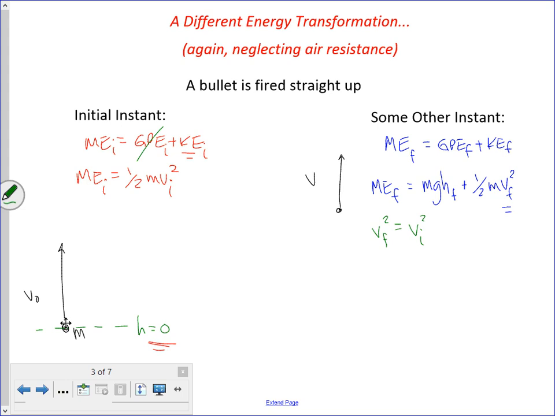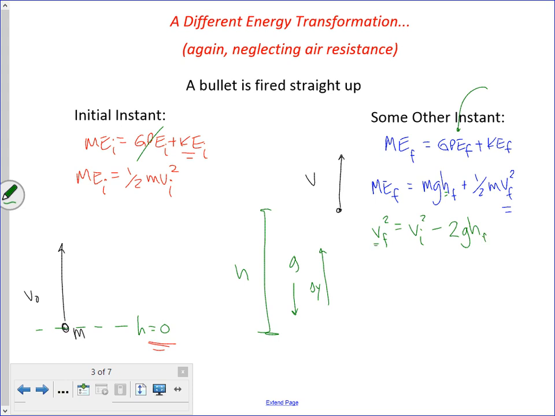Except for the fact that g is this way, delta y this way, so I'm actually going to write it now as minus 2g delta y. Oh, wait, except delta y is really some height h. It's gotten to some height h. We like h's. h final, no less. So you okay with a minus here?